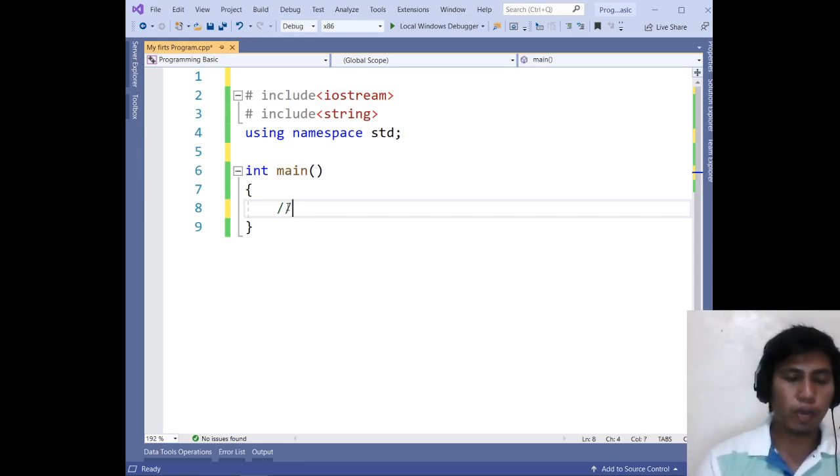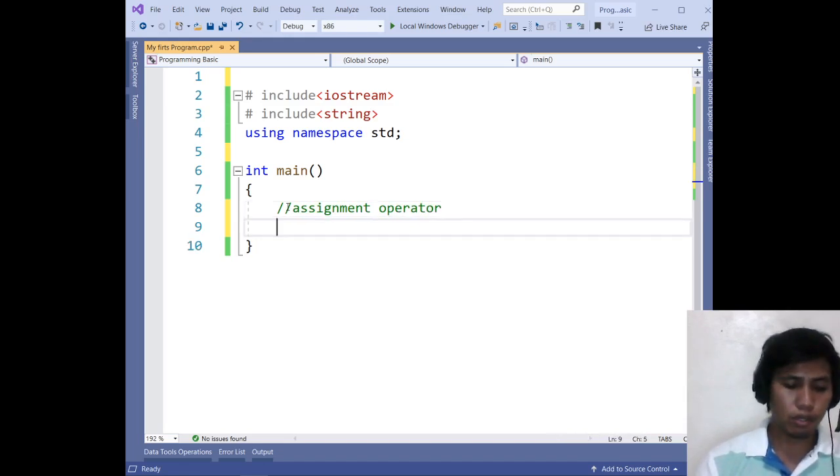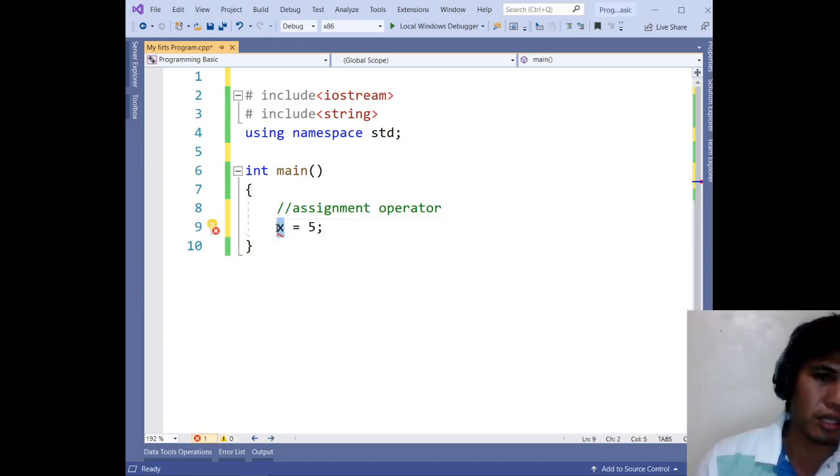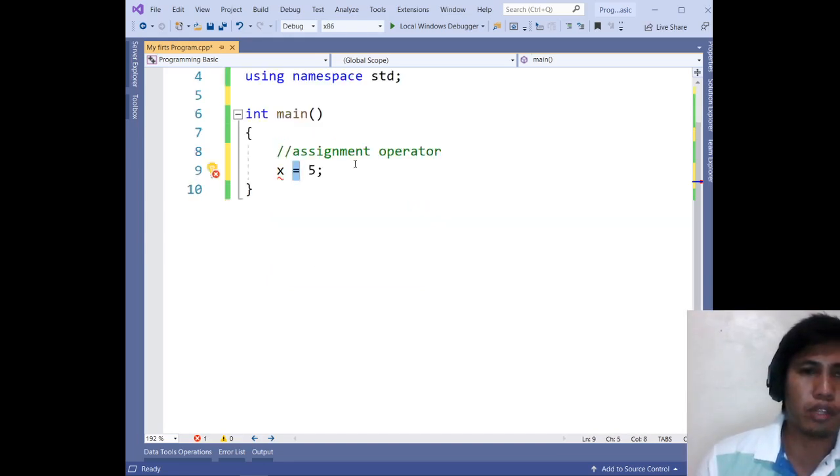So number one, we have the assignment operator. So we have x equals 5. This expression means variable x has a value of 5. So we have the assignment operator.